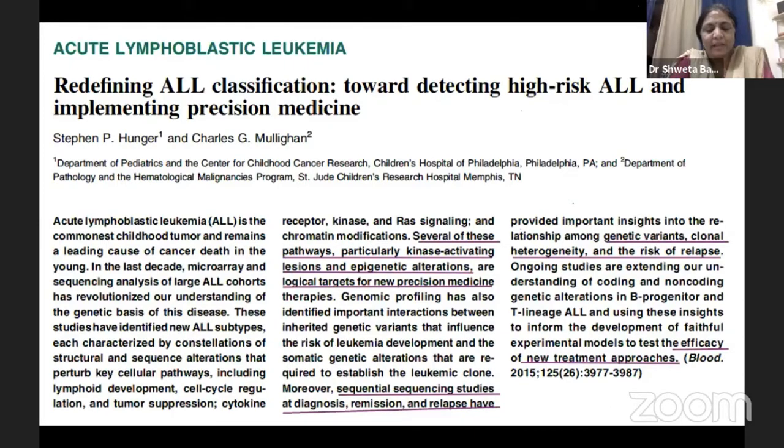And they have done sequential sequencing studies at diagnosis, at remission, and at relapse, which has provided important insights into the relationship among genetic variants, clonal heterogeneity, and risk of relapse. And hence we are much wiser, and we know which treatment approaches can benefit these patients and where we need to intensify the treatment. And now many targetable drugs are available which can be used in this population.